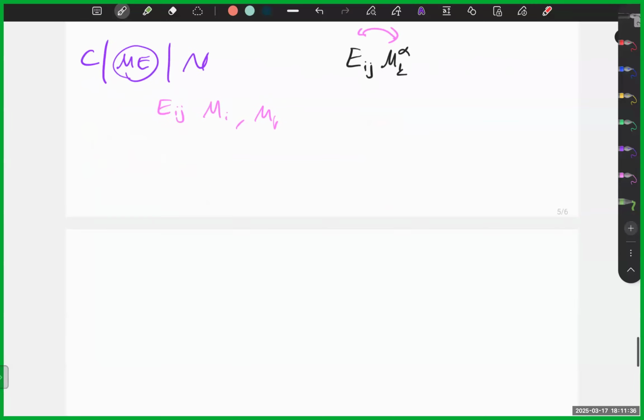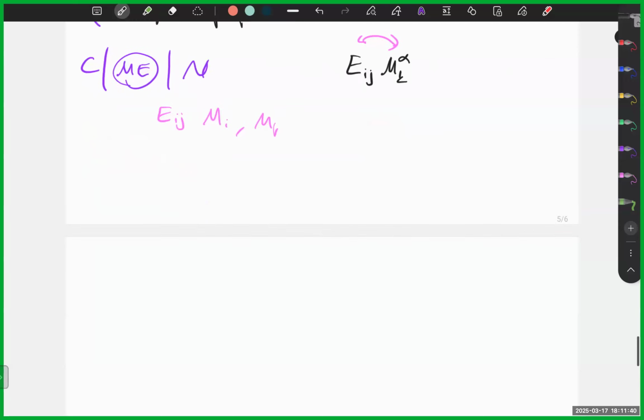So, theorem. Let me state it again. The theorem says that we will have all N's, then the entanglements, then measurements, then the corrections. Since this is the initial part, you can see that the entanglement is done only at the beginning.